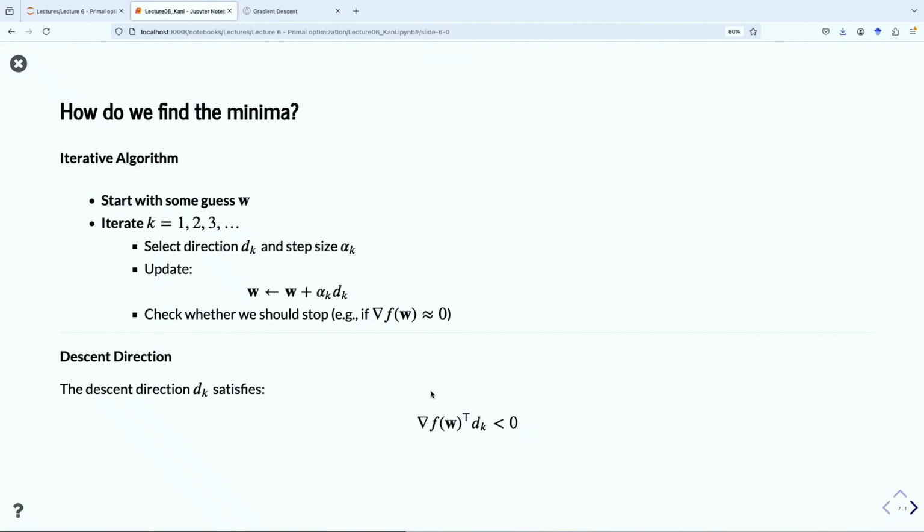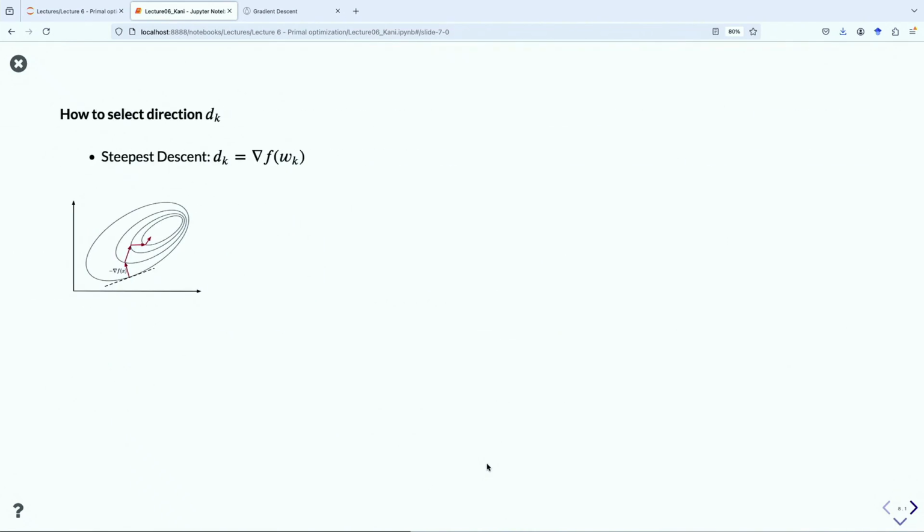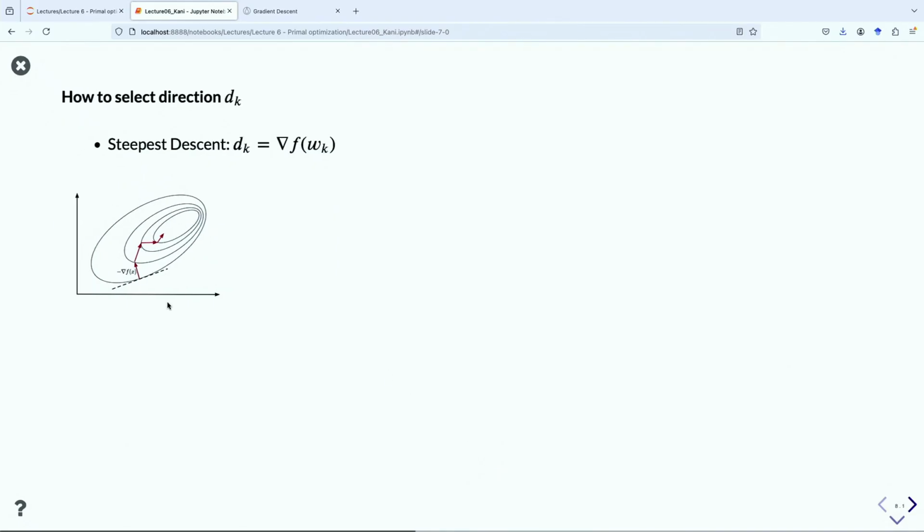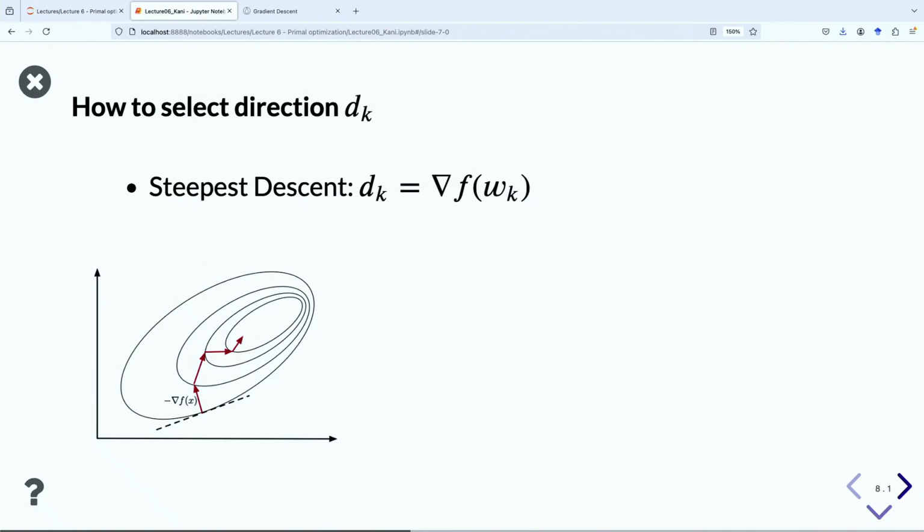So in order to minimize it, we have to make sure that the descent direction goes opposite the way of the gradient, which means that, for instance, we'll be at a particular point here, and then we have to pick a direction that's opposite of the gradient and follow our way down to a minima.